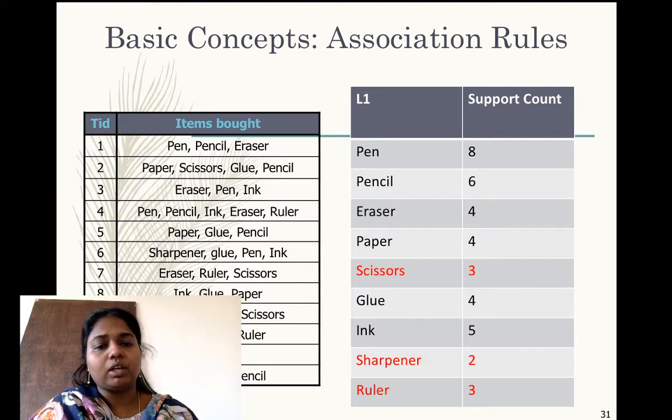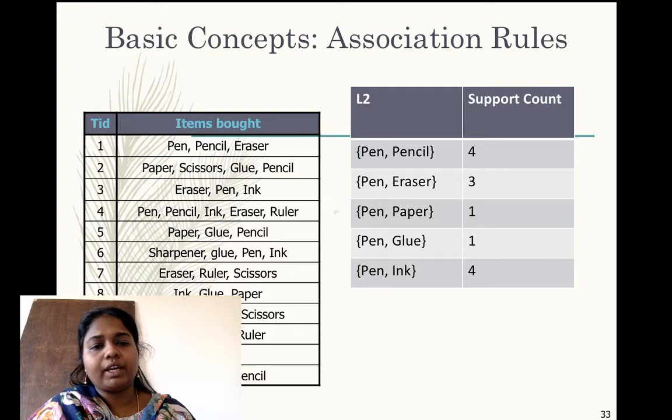For them I have found the counts. Now for pencil I have to do the same: pencil along with pen, pencil along with eraser, pencil along with paper, pencil with glue, pencil with ink, etc. So this combination also I have to find out.